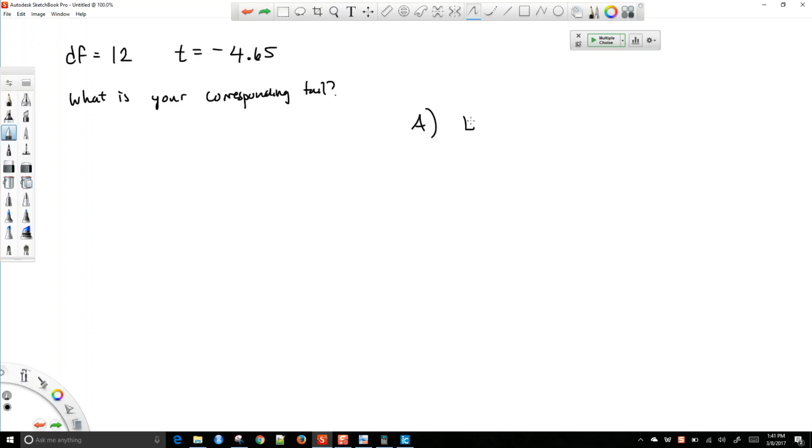Okay, so we would say, we'll start with my right tail.